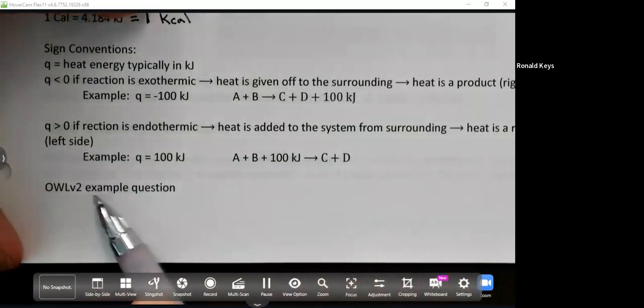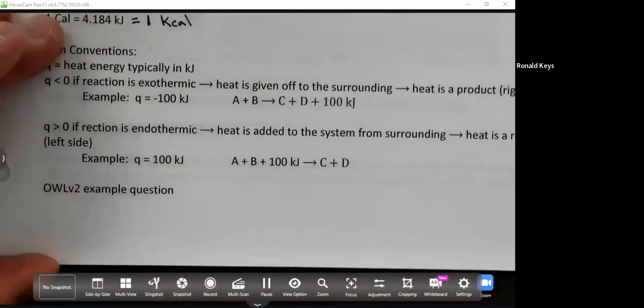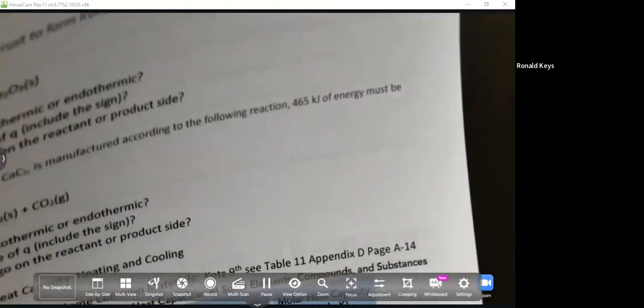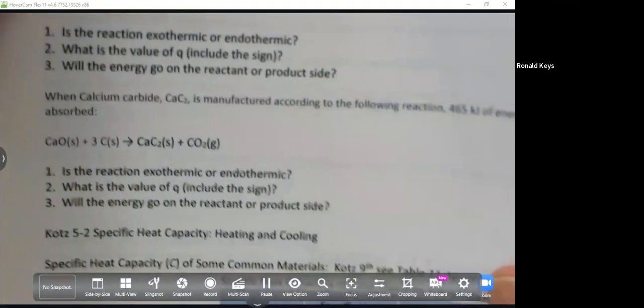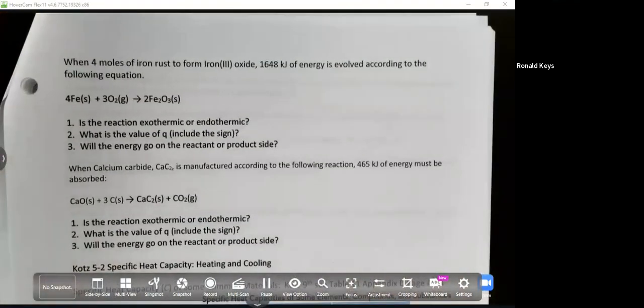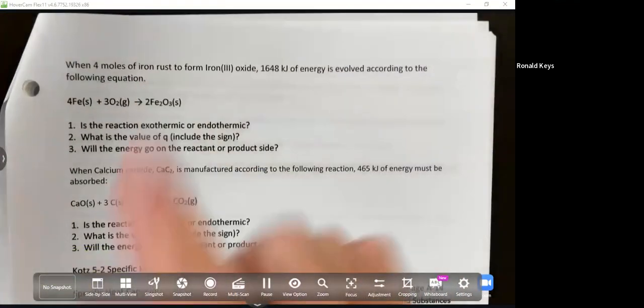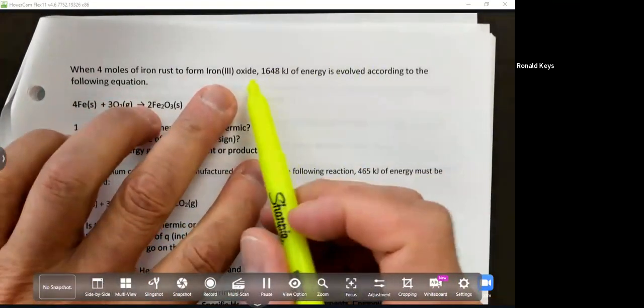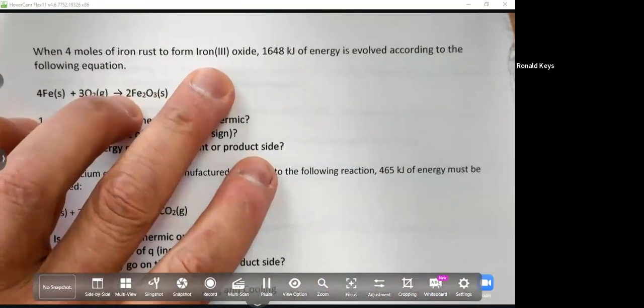Well, here's an OWL question. On the next page, let's look at an OWL question at the beginning of this. I think there are 2 of them in a row here. It depends upon the terminology here. 4 moles of iron rust to form iron(III) oxide.